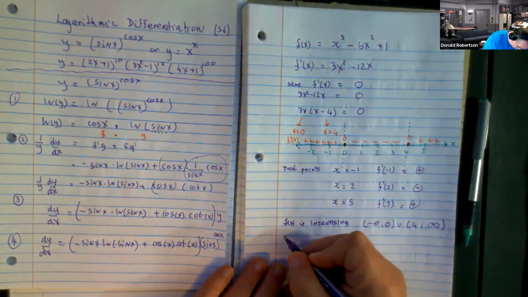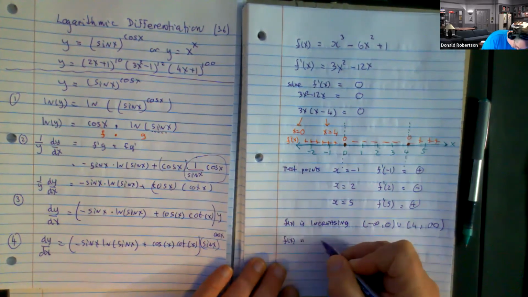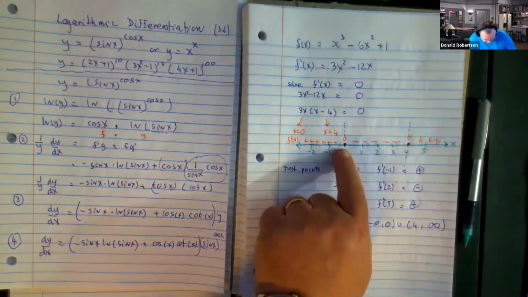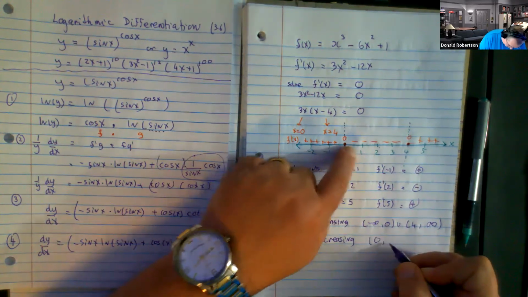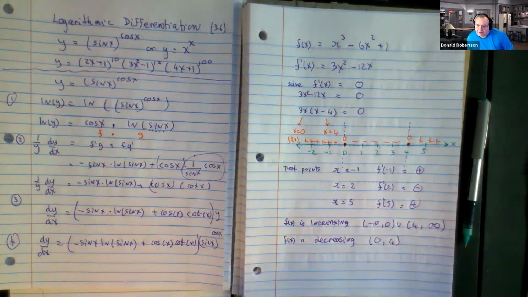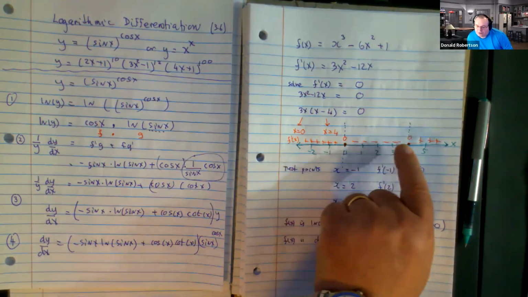And then you can also do when the function is decreasing. And the function is decreasing when the derivative is negative. So that's from x equals 0 to x equals 4. Now, at the key points, these guys here, they're called the critical numbers.